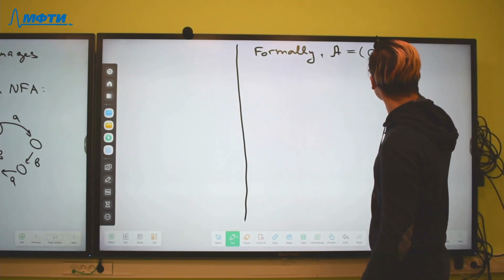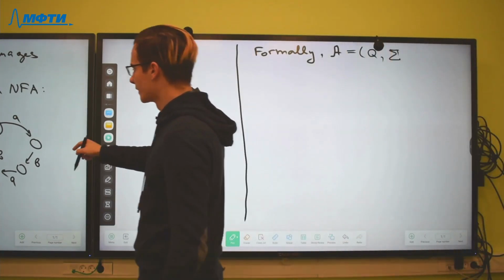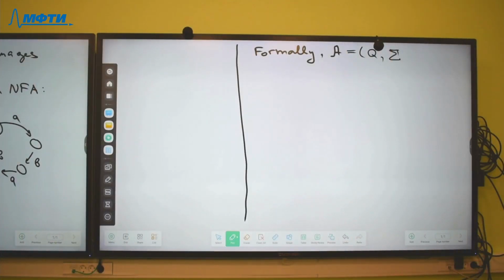There is an alphabet that we use for transitions.